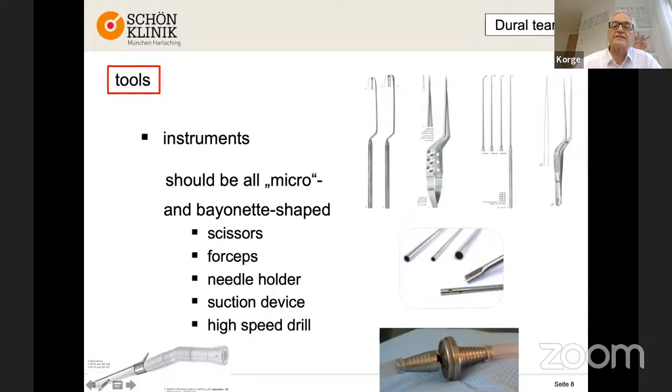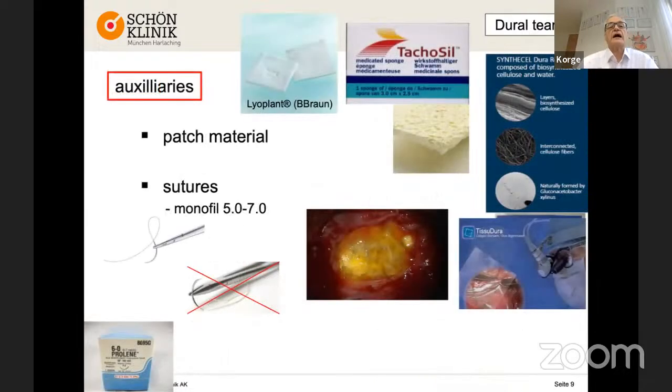For the suction device, it's important that you have a type of control where you can reduce your suction power, because if you have a dural tear, it's important to reduce the suction power immediately, otherwise you suck out the dura. Other auxiliaries are the patching material. That is quite different: you have Lyoplant, or collagen-based materials, or tissue layers which you can put from inside outside.